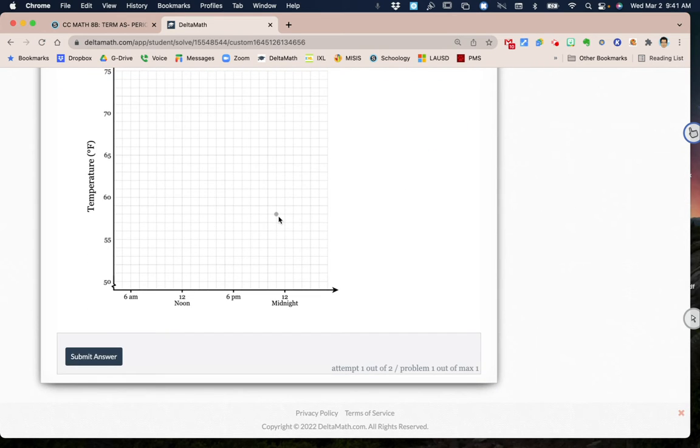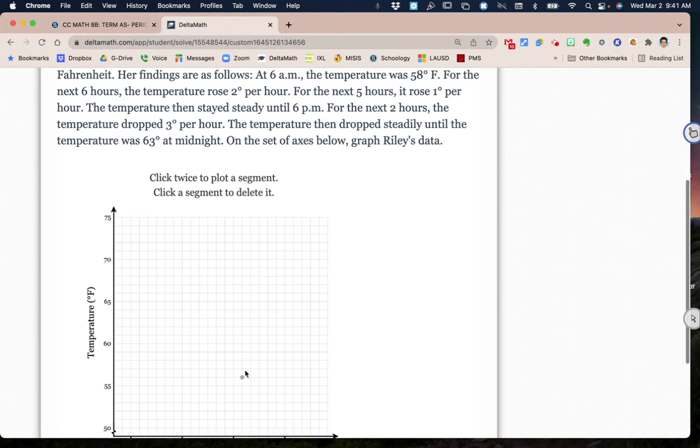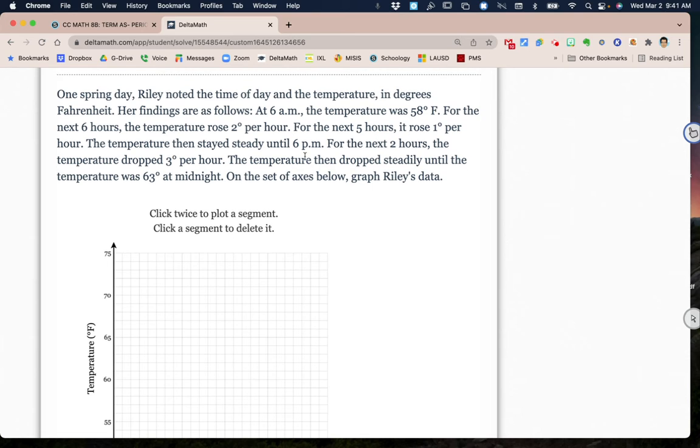Okay, so we're measuring temperature in degrees Fahrenheit and time in hours. Okay, so let's take it from the top. At 6 a.m., the temperature was 58 degrees Fahrenheit.